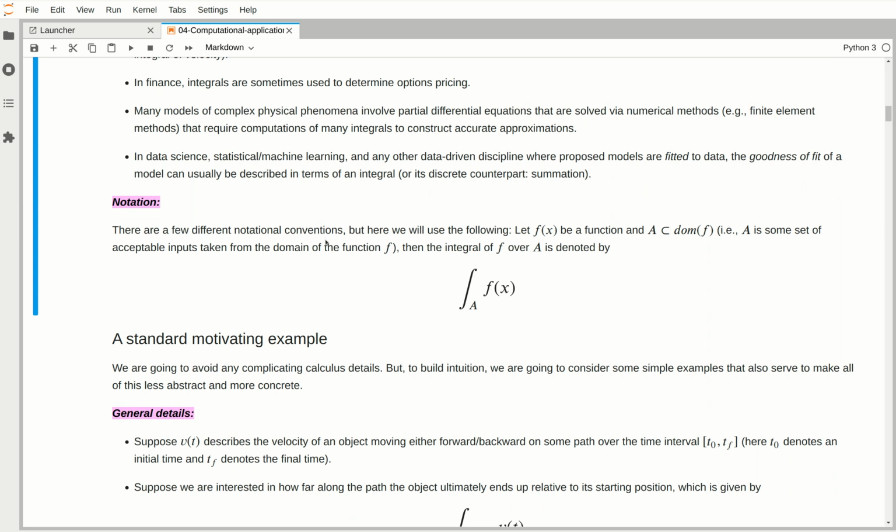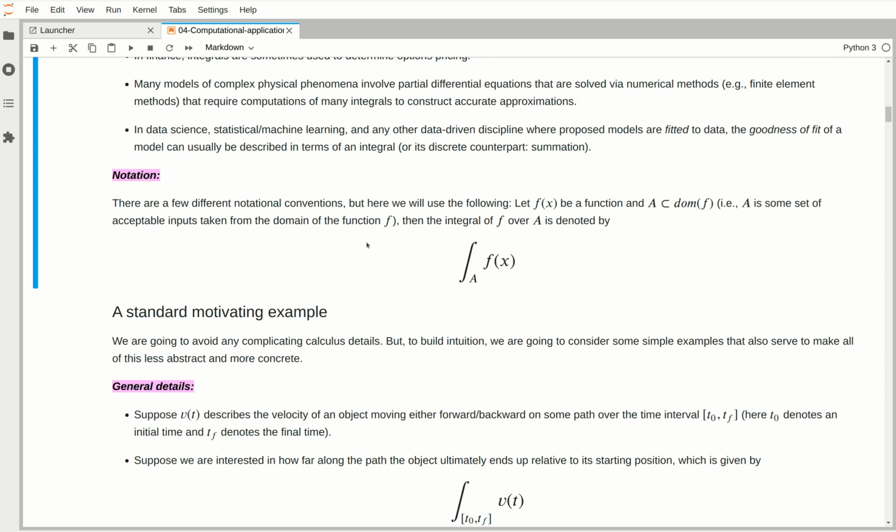But what is an integral actually, mathematically speaking? Well, to answer that, we first look at some notation. There are a few different notational conventions, but here we use the following. If f is a function, we let A denote some subset of the domain of the function. So it defines some acceptable set of inputs for the domain of the function.